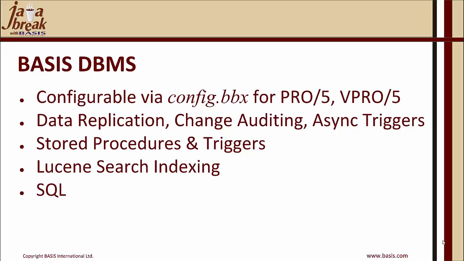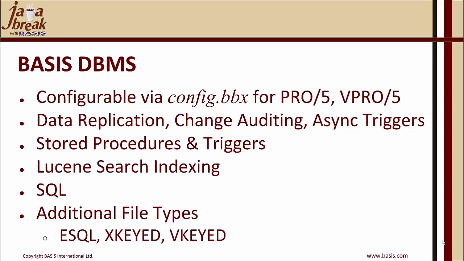You have SQL access to third-party databases and SQL access to a Basis database. We have additional file types available to you, amongst them the exclusive SQL, the XKeyed file, and the VKeyed files.